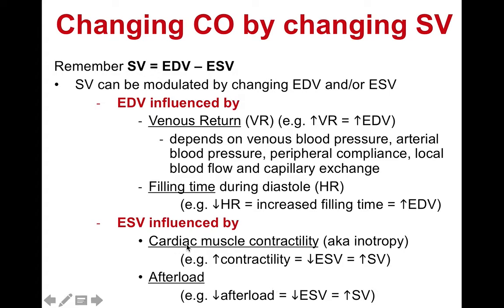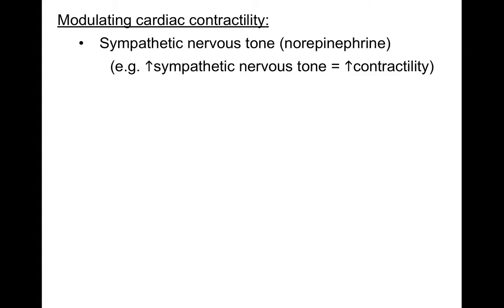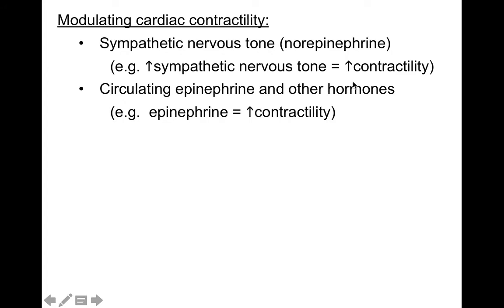So let's look at modulating cardiac contractility and afterload a bit more. Cardiac contractility, as I've already mentioned, can be modulated by sympathetic nervous system tone. And remember the neurotransmitter regulating the signal is norepinephrine. So if we increase sympathetic nervous system tone, we increase contractility. Circulating epinephrine and other hormones can also influence contractility of the heart.